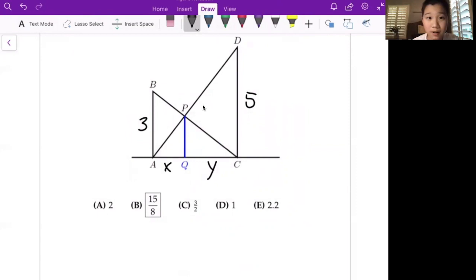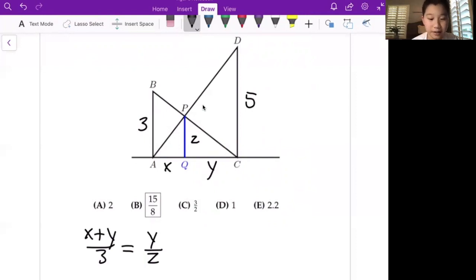Sometimes it won't work, but then most of the time it will. So let's do it. And then let PQ be Z too. So we know that BA over AC, or AC over BA, X plus Y over 3, is equal to QC over PQ, Y over Z. Why? Just simply the similar triangles.